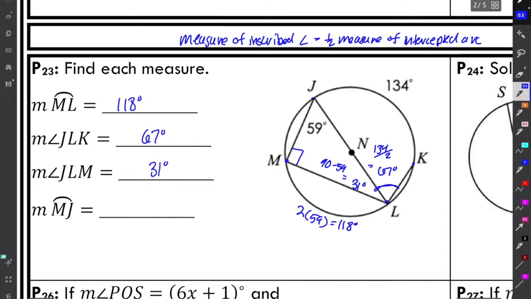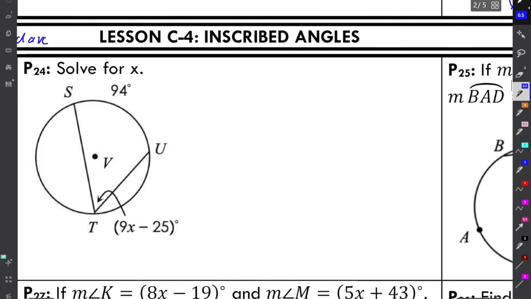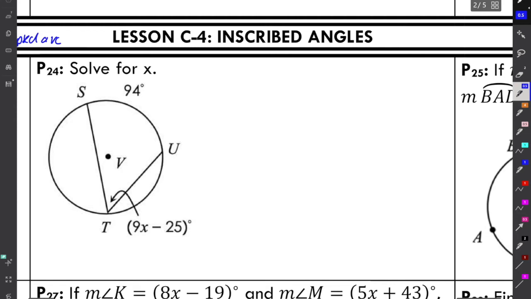And the measure of arc MJ is going to be double this angle right here, because MJ is the intercepted arc of JLM. So 2 times 31 is equal to 62 degrees. And that's that one. Number 24, solve for x. We're given an expression for this angle STU. It's an inscribed angle, so it will be half of its intercepted arc, and that arc is 94 degrees.